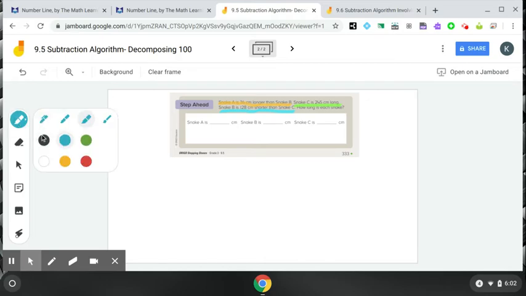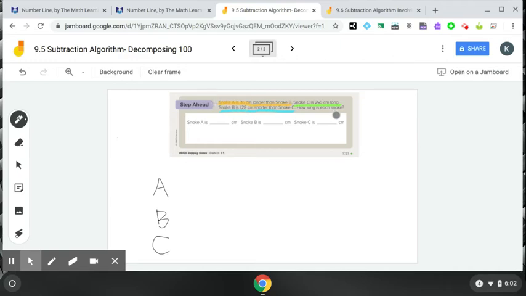So we have snake A, snake B, and snake C. They gave us some numbers.